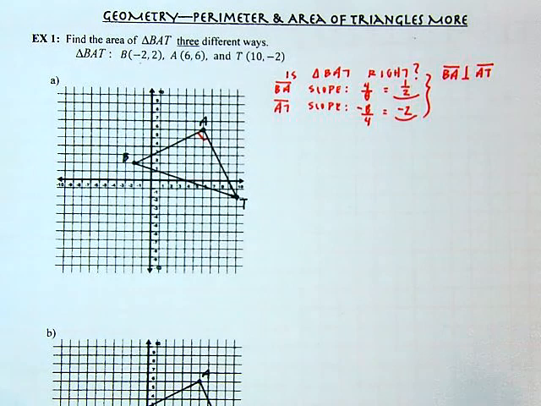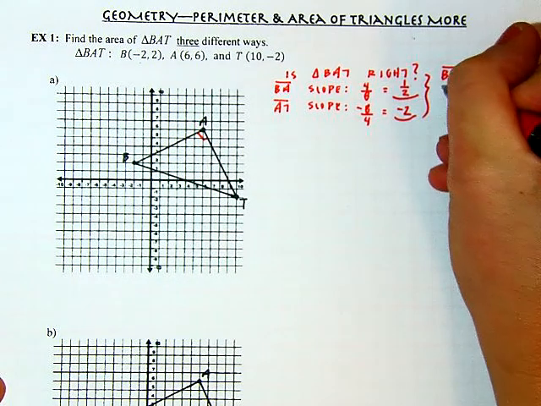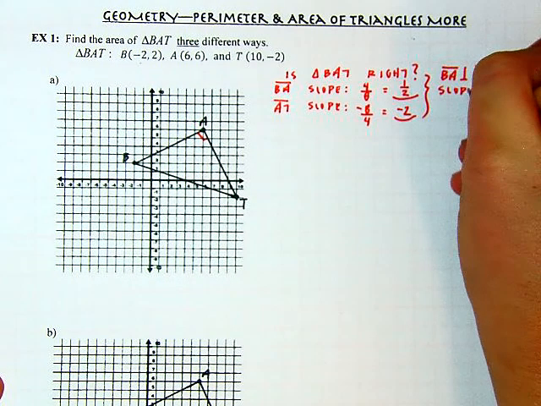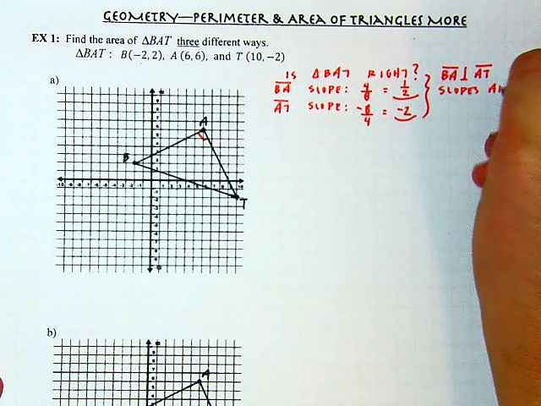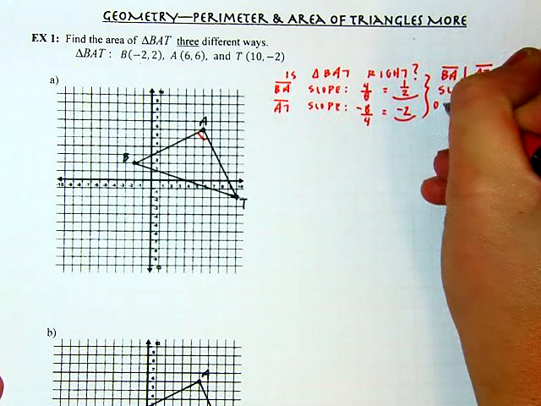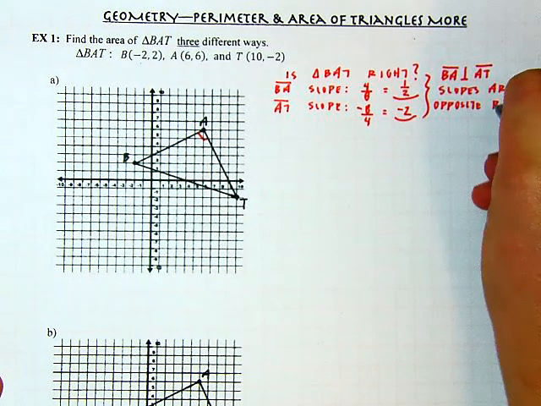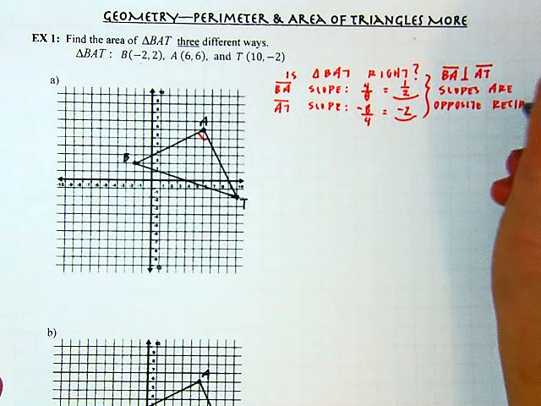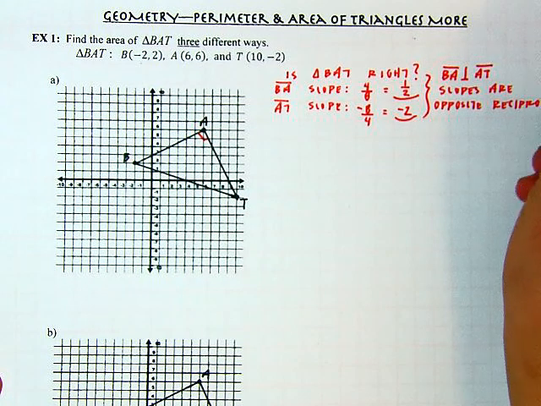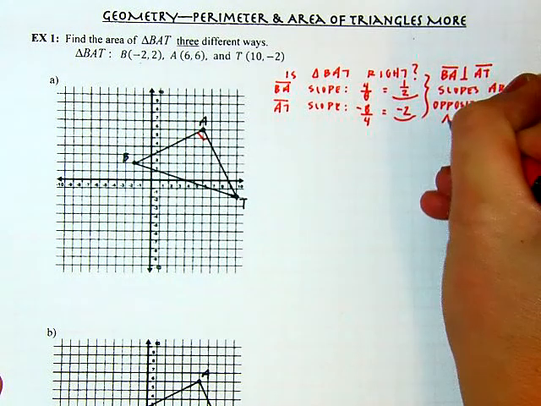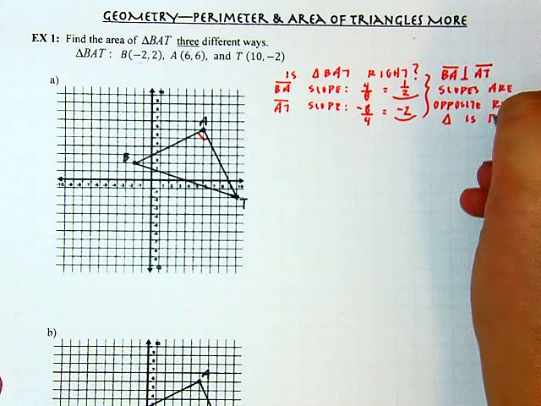That's what's creating the right angle. The slopes are opposite reciprocals. Which means that our triangle is a right triangle.